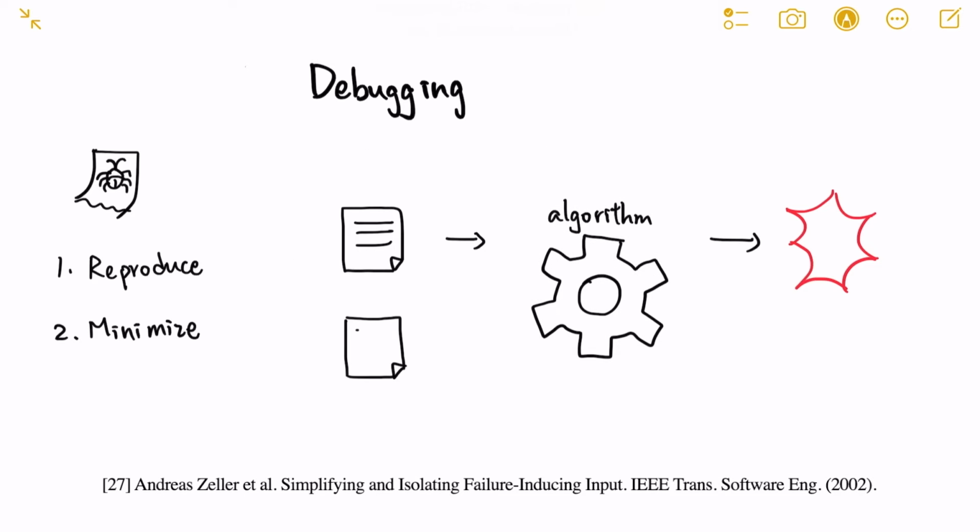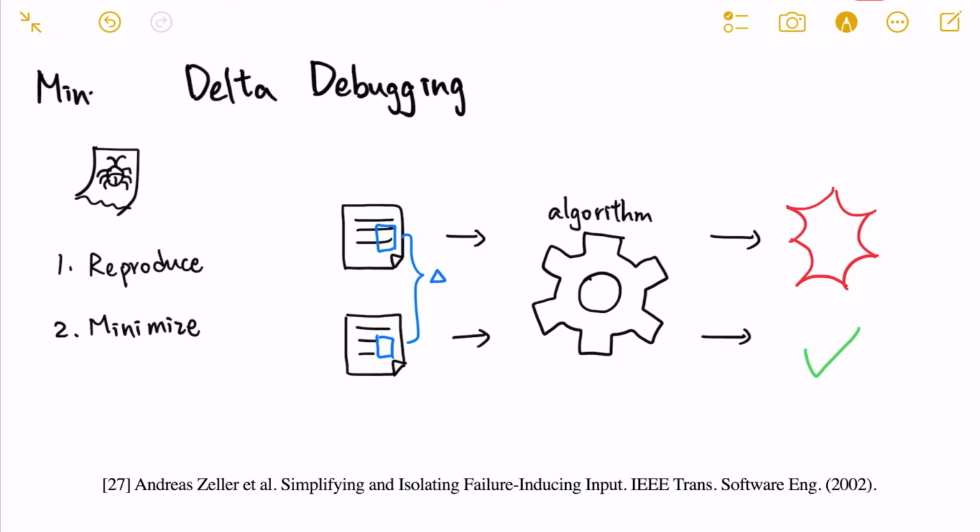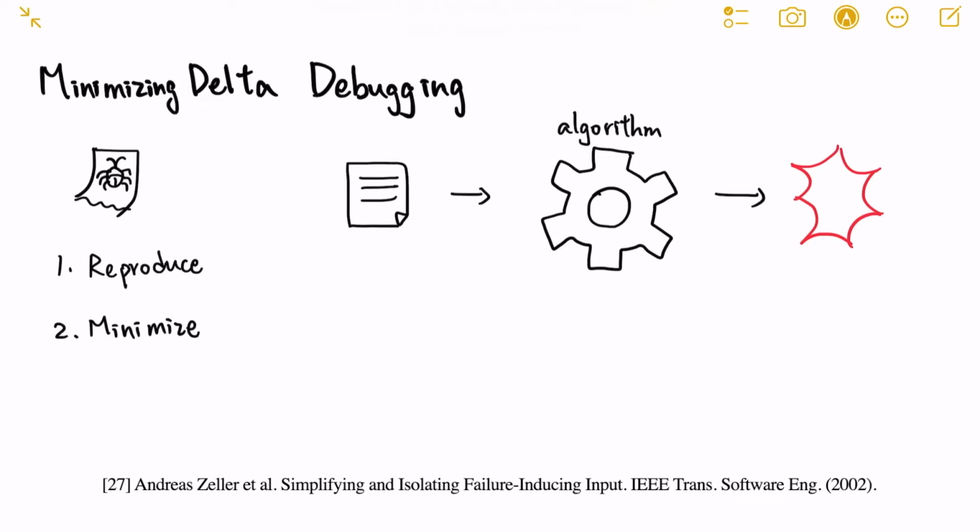Delta debugging is a technique to automatically isolate the failure-inducing difference, or the delta, between a passing test case and a failing test case. A simpler version of it, called minimizing delta debugging, automatically minimizes a failure-inducing test case.